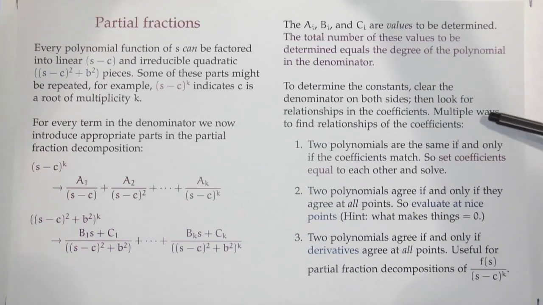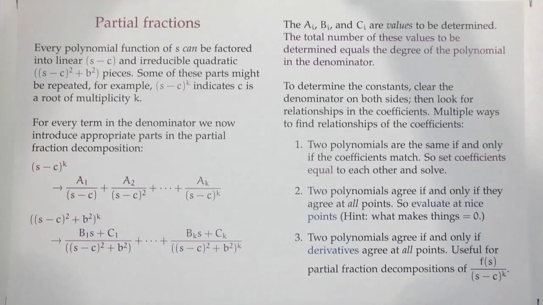And so to determine the constants, what I like to do is I say, okay, I have my expression. We're going to do some practice in just a moment here. Clear your denominator, which means multiply both sides so that there's nothing downstairs. So that says you have polynomial versus polynomial.